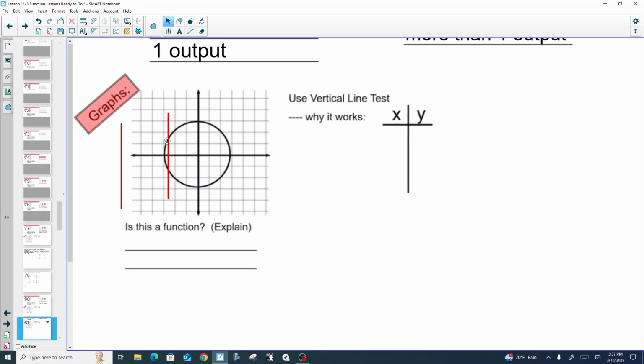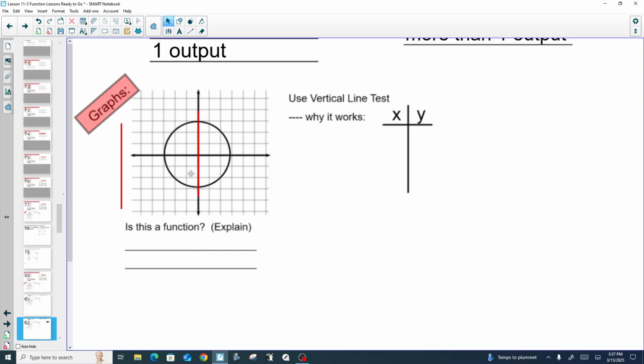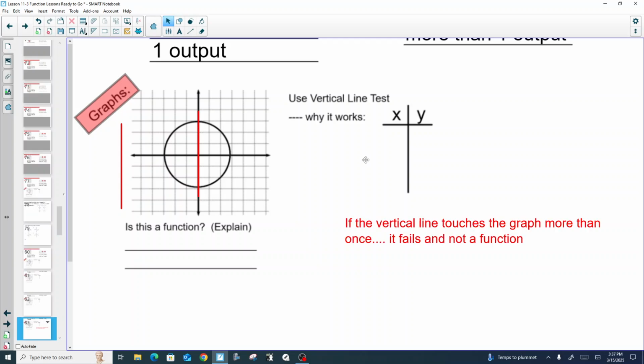Do you see right here, it's touching here and here. I know that it has flunked, and so is this graph of a relation, set of x's and y's, a function? No. And if we wanted to go through and explain why, it's not too hard. Let's just go ahead and move this vertical line right over here to the y-axis. Can you see it's touching in more than one spot, so it fails?